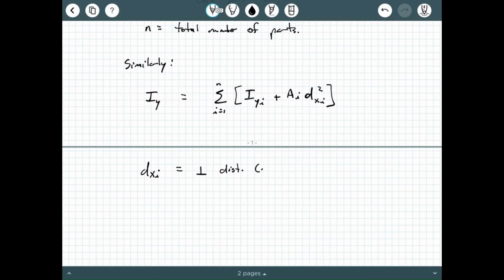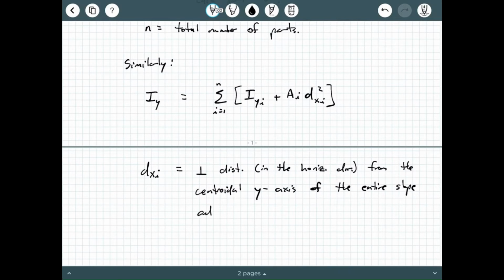So this is going to be the perpendicular distance in the horizontal direction from the centroidal y-axis of the entire shape and the centroidal y-axis of each part i. Okay, so similar definition, but in a different direction.